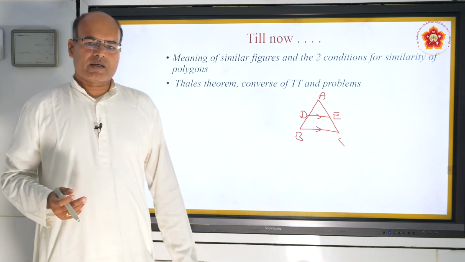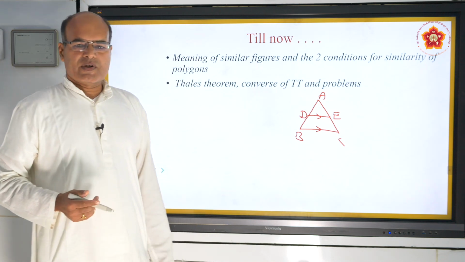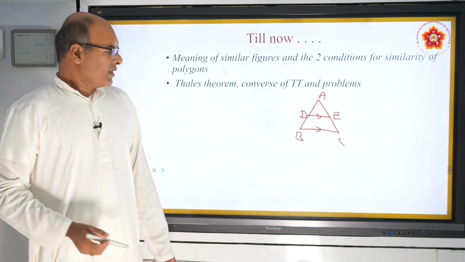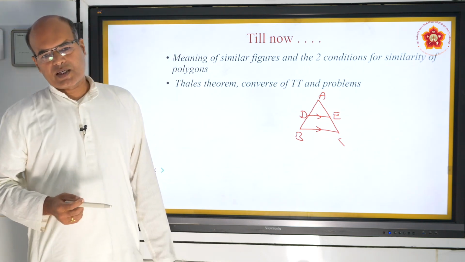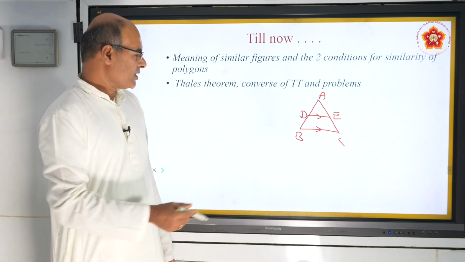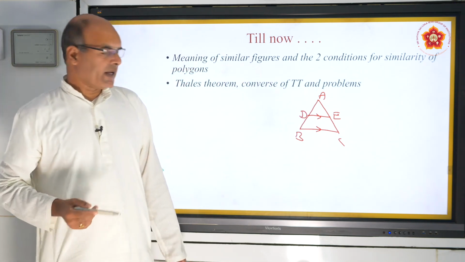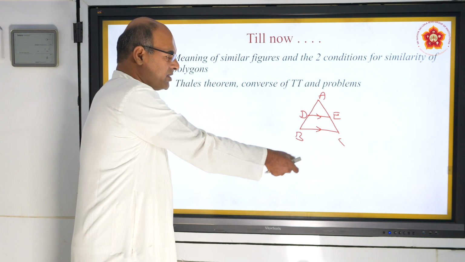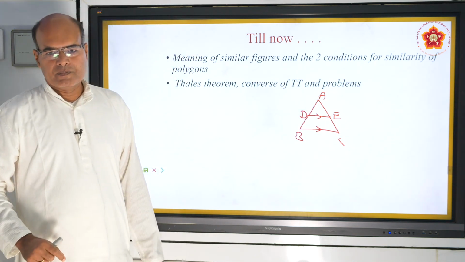One of its important corollaries is that if a straight line is drawn parallel to a side of a triangle, then the sides of the intercepted triangle are proportional to the sides of the given triangle. That is, the sides of triangle ADE are proportional to the sides of triangle ABC: AD by AB is equal to AE by AC is equal to DE by BC.